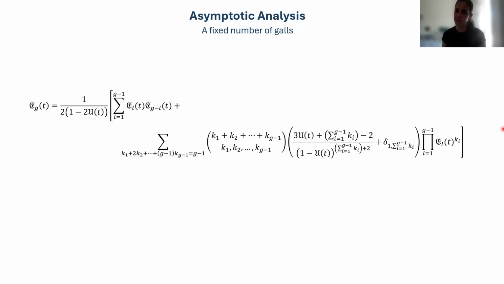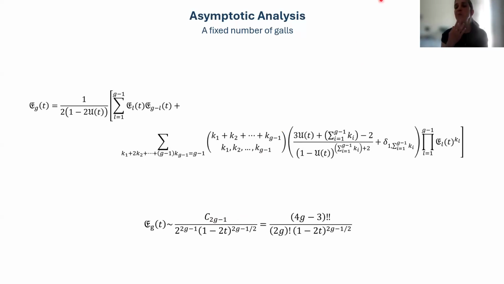Using induction and work we did on unlabeled time-consistent gold trees, we get the asymptotic approximation as n goes to infinity for this generating function, where C_{2G-1} is the (2G-1)th Catalan number. Just substituting one of the identities of the Catalan number, we get this approximation, again, for the generating function of leaf-labeled time-consistent gold trees with exactly G golds.